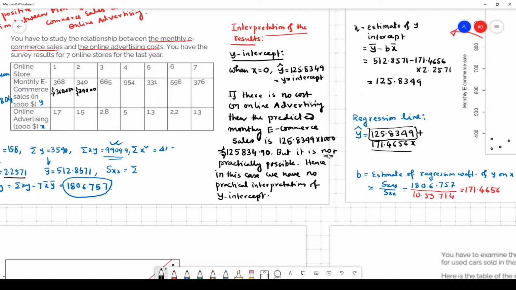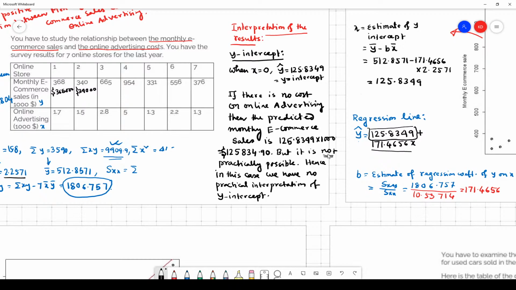When there is no cost on online advertising, we still have a predicted monthly e-commerce sales, and that is equal to $125,834.90. So this is practically not possible. Hence, in this case, we have no practical interpretation of the y-intercept.